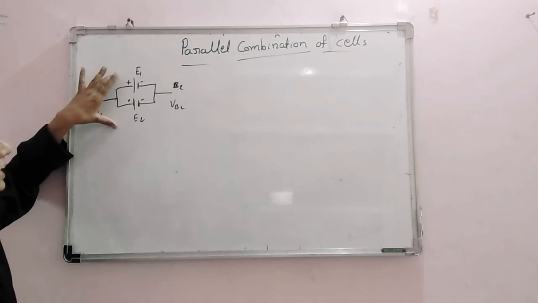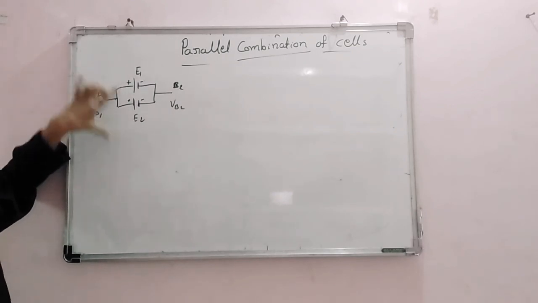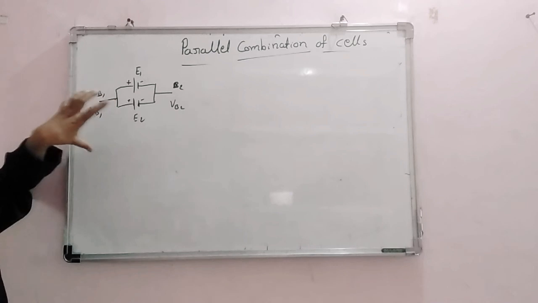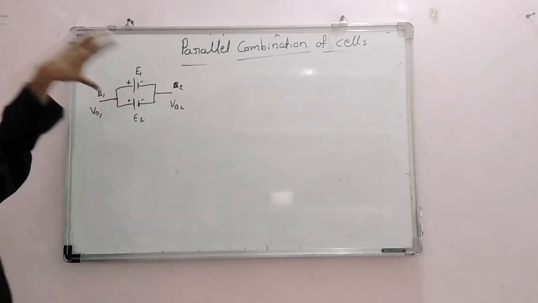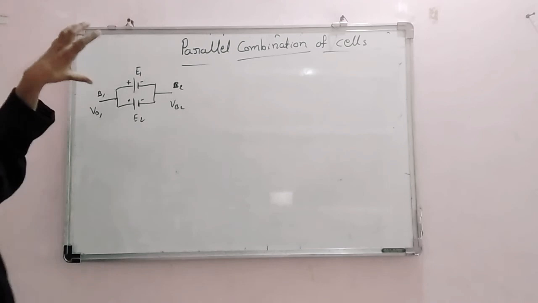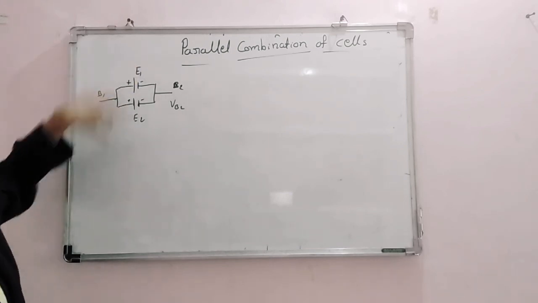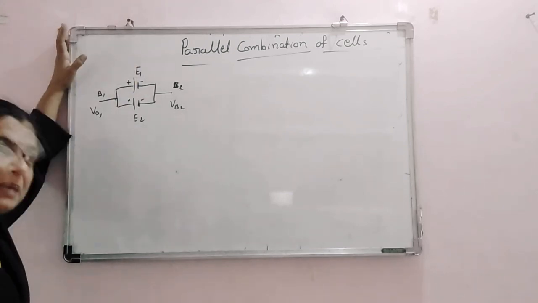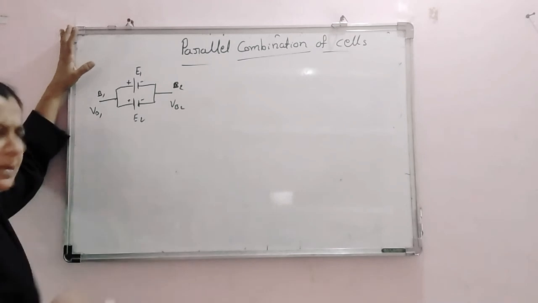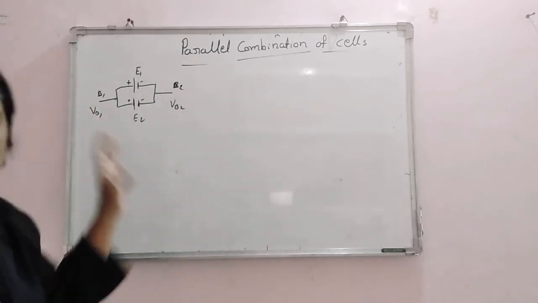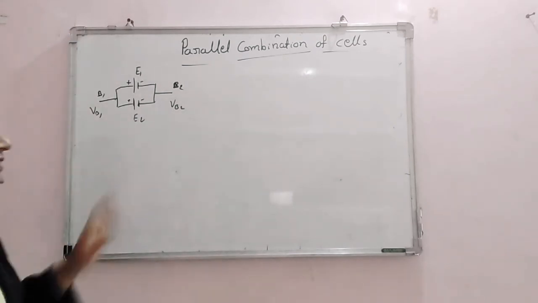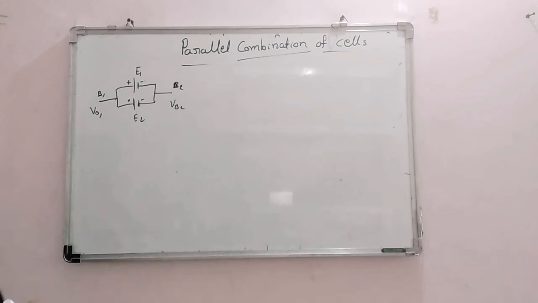If a number of cells are connected in parallel and we have built a certain EMF from this combination, then even if any cell gets damaged, the circuit will not break. That's why this is the advantage of the parallel combination.